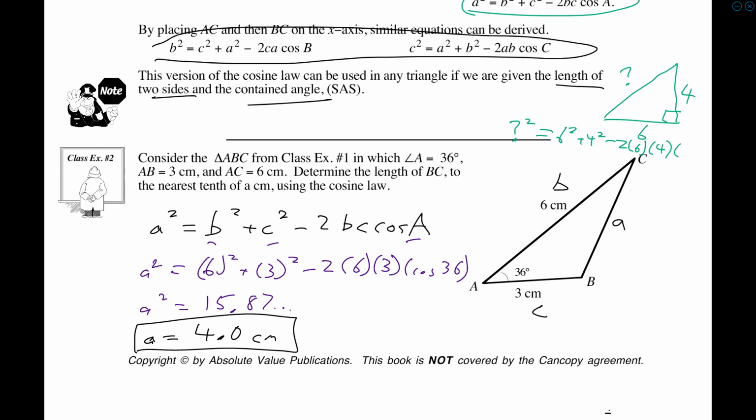Zero. So notice what happens here. This whole thing goes to 0. So 6 squared plus 4 squared is that squared. The Pythagorean theorem comes from this because cos of 90 is 0. It's a little bit of a silly example, but all of this ends up canceling out, so you end up with the Pythagorean theorem without the last part. Cool?